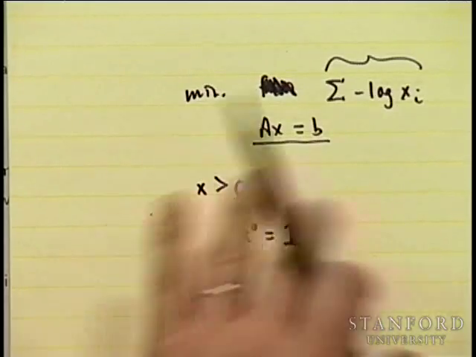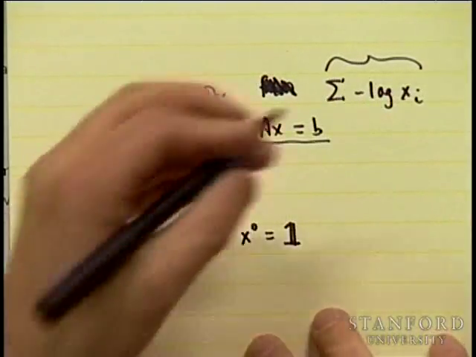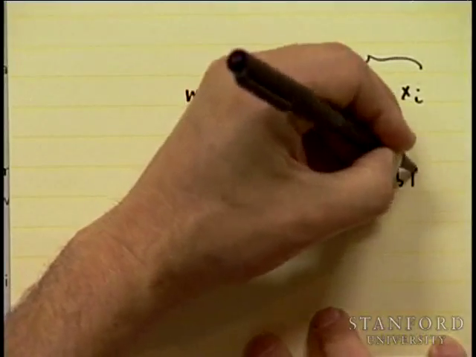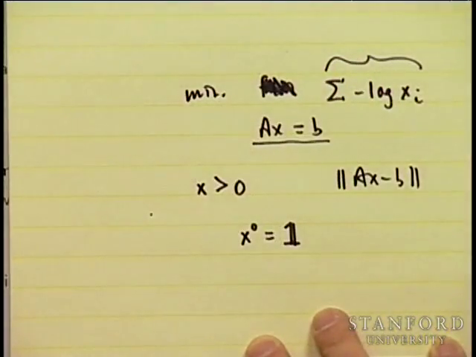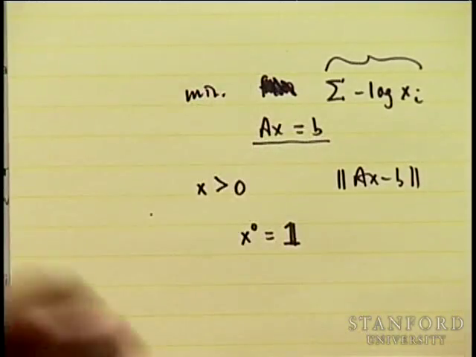So watching this algorithm, you're going to want to look at two things. You'll look at Ax minus b, the so-called primal residual. The other thing you'll look at is the dual residual, which gives you the optimality conditions. The way it works is this: you simply linearize the optimality conditions, and you get a set of equations that look like this.